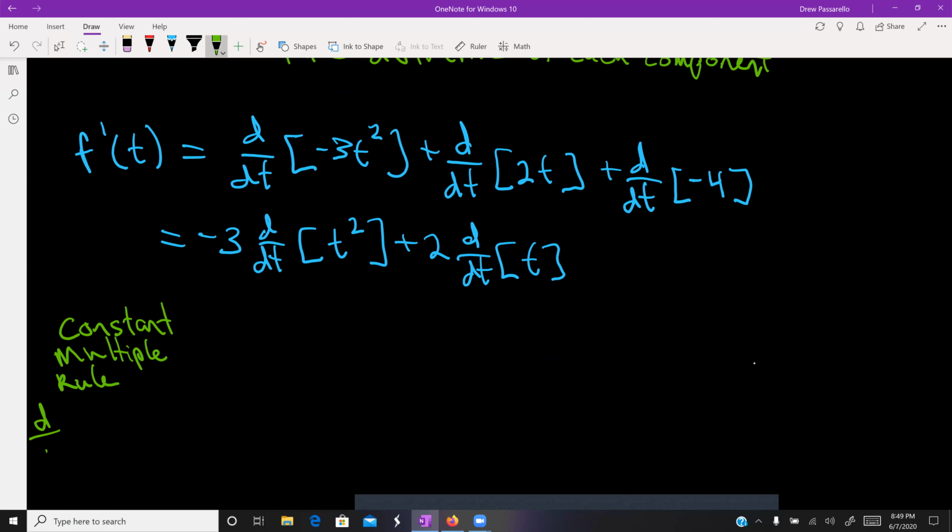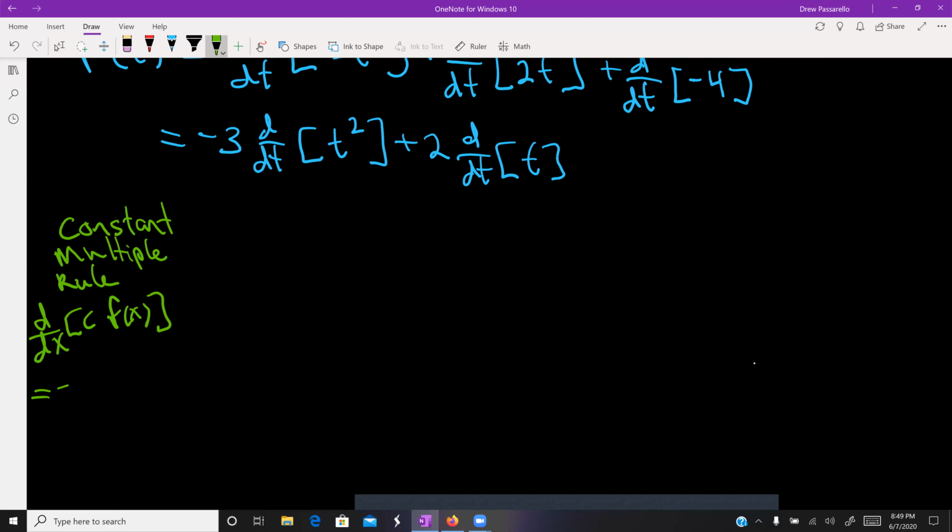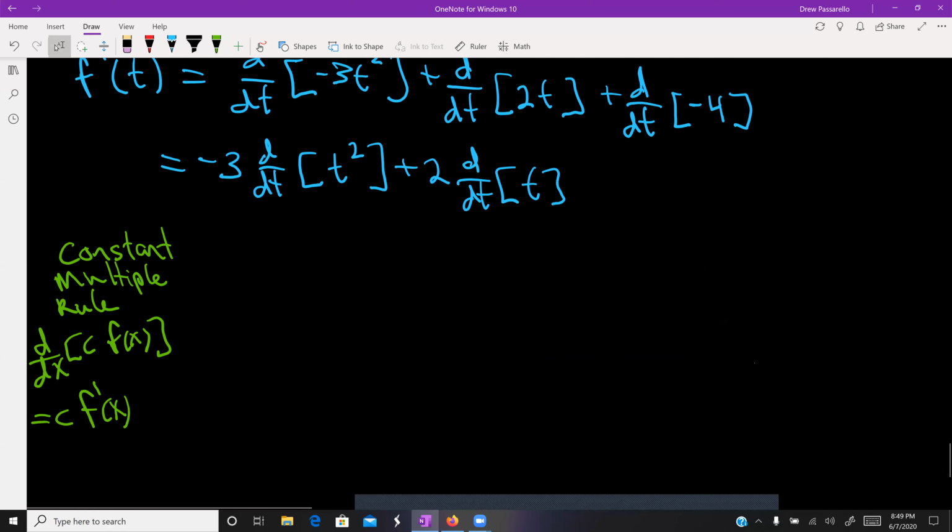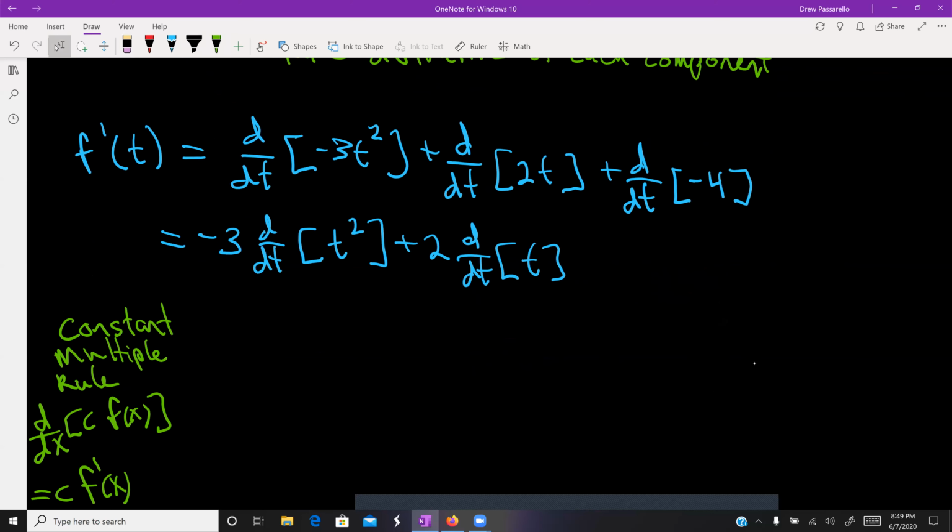If I have d/dx of c times f of x, whatever the function is, it's going to be c times f prime of x. Basically it means factor out the constant, and then take the derivative of the result after you factor out the constant.